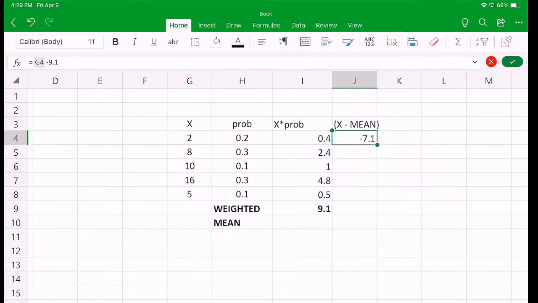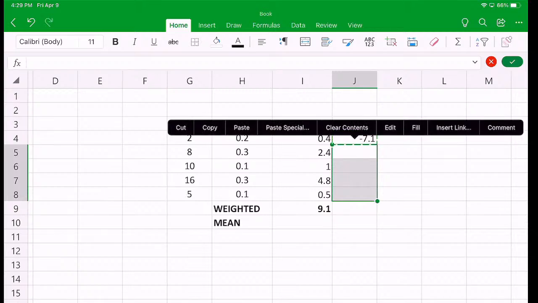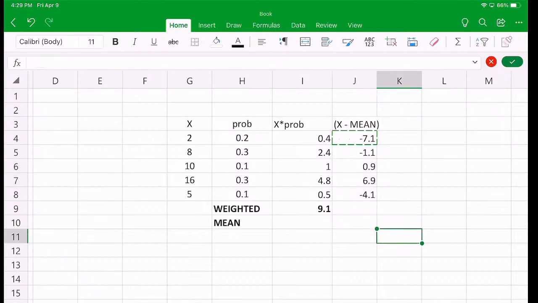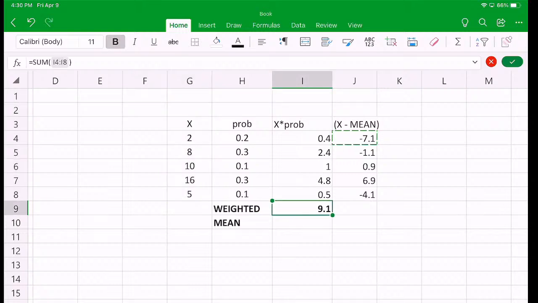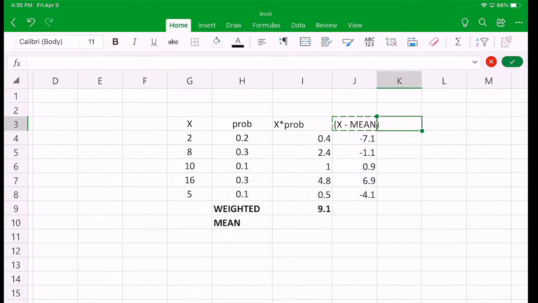And then I copy that all the way down. So that's x, which is over here, minus the mean, which is over here. All right, so then what you have to do is take that and you have to square it.